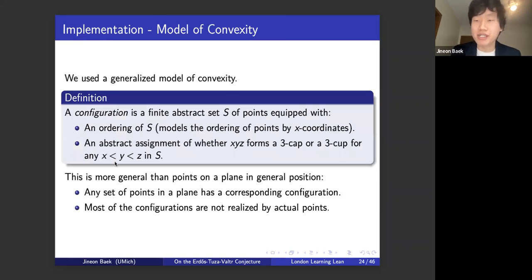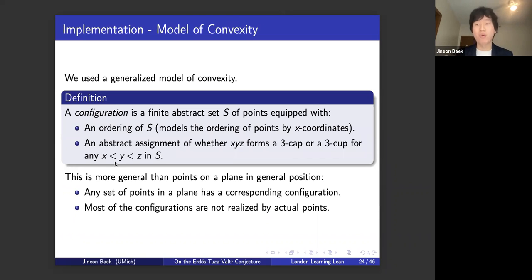So for implementation, the result is about a bunch of points on the plane, right? But I actually didn't use real numbers at all. Instead, what I used is a generalized combinatorial model of convexity. What I defined was something called a configuration, and it is a finite abstract set S of points equipped with these.